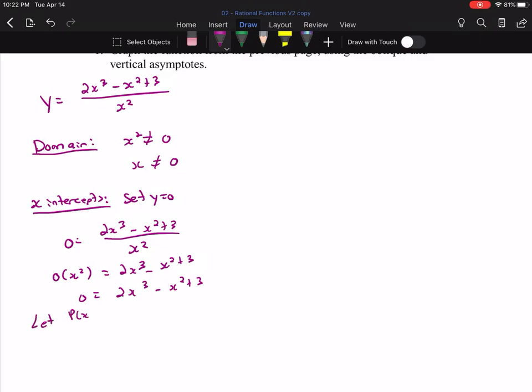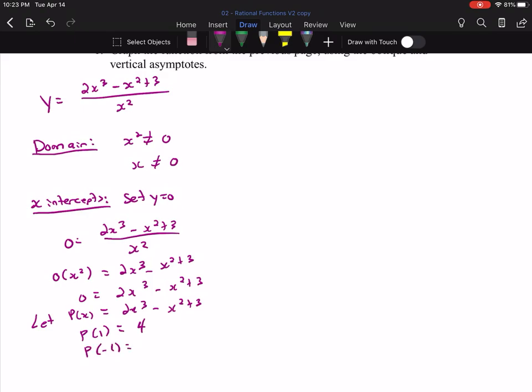I got to factor this thing, so I go let p of x equal 2x cubed minus x squared plus 3. And I go p of 1 equals, type that in my calculator, I get 4.